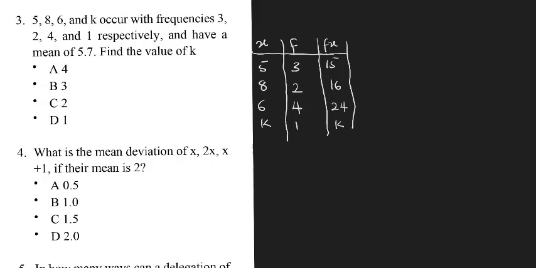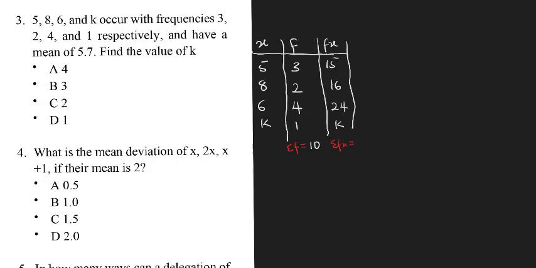So the next thing is to find the summation of f here. So it says summation f is equal to, so we're going to add everything under f. If you add them, of course you're going to get 3 plus 2 is 5, 5 plus 4 is 9, and 9 plus 1 is 10. So we're going to have 10 here. Then the next thing is summation fx.